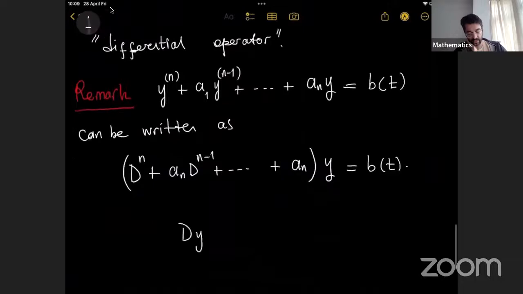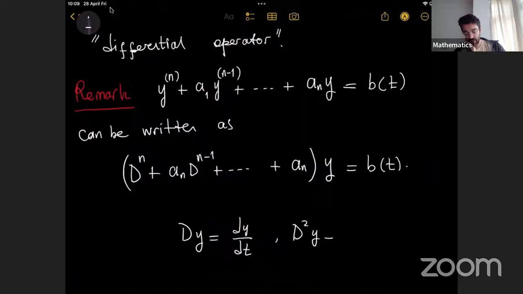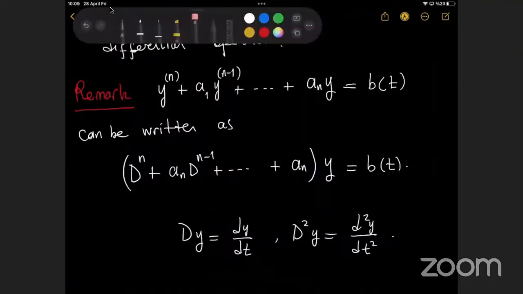Dy means dy/dt, okay? Anladım. Or D square y means d square y/dt square, okay? Açık mı şimdi? Evet evet hocam. Tamam. All right.